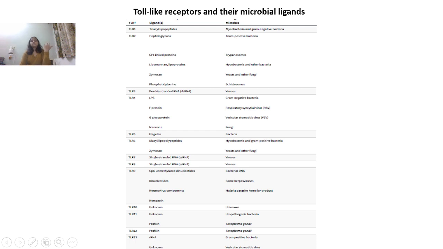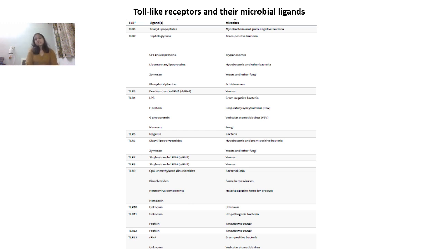So in this table, you can see that everything they are recognizing is a common molecule. If it is recognizing LPS, LPS is present in all the gram-negative bacteria. So TLR4 can recognize all the gram-negative bacteria. It is not a specific protein which is present in a particular bacteria or particular virus.